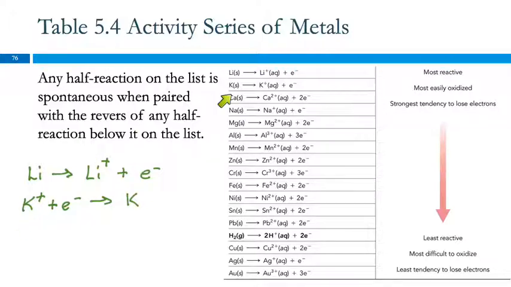So here we're taking the oxidation and writing it backwards. So this is being reduced. It's gaining electrons. And these two half reactions will happen together because lithium likes to lose electrons and potassium ions like to gain electrons.